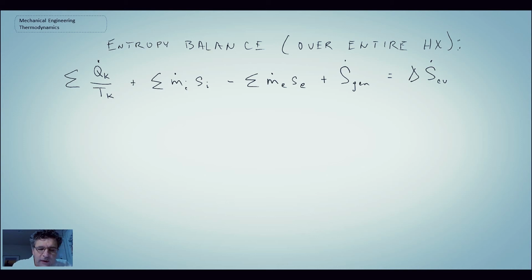So what we can look at here, first of all, remember we said that it was an adiabatic heat exchanger. Well, with that, that term goes to 0. The other thing that we can say is that our heat exchanger is operating at steady state, so the entropy of our control volume is not changing with time, and so that term disappears as well.